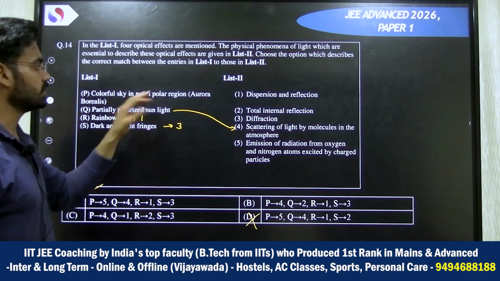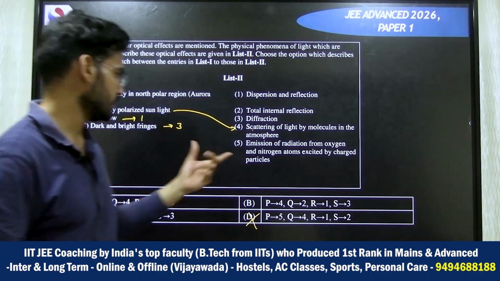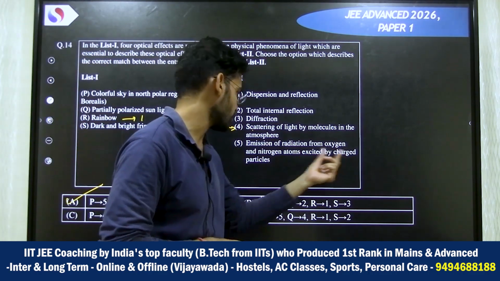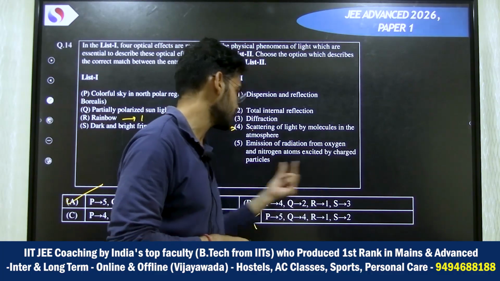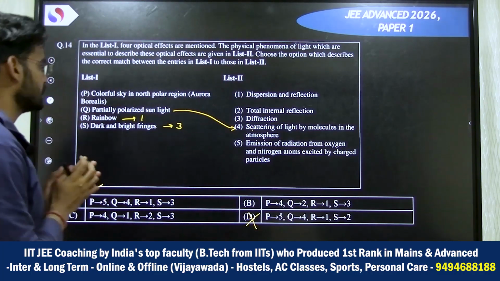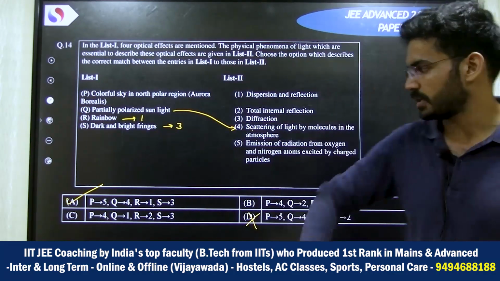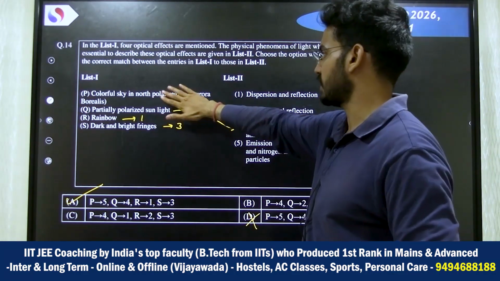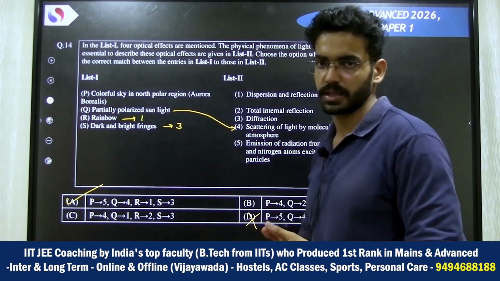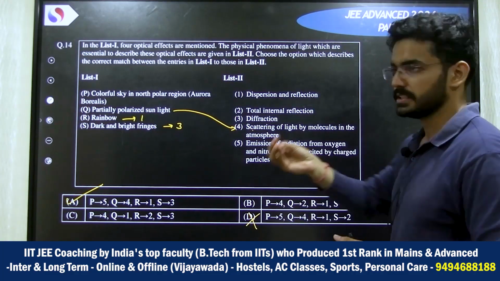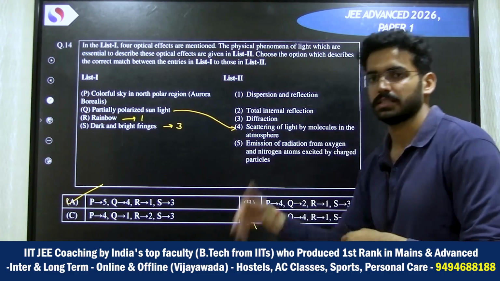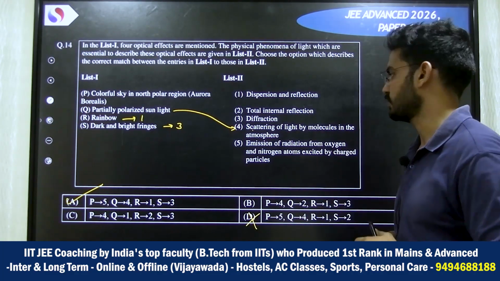But colorful sky in the North Polar region: if you read the fifth option, emission of radiation from oxygen and nitrogen atoms excited by the charged particles. If there is a colorful sky, there is a high chance, if you are able to tick here, you will be able to satisfy yourself that P is matching with fifth. How? Excited state is there, from the excited state it will come to ground state, that time it will release radiation.